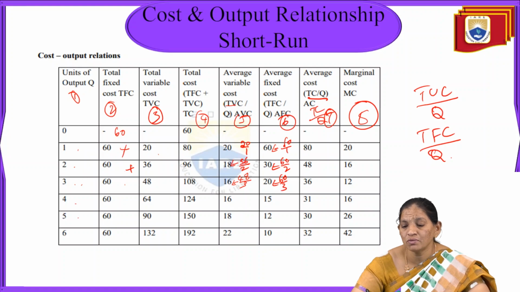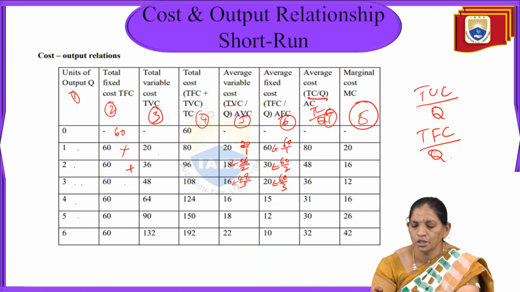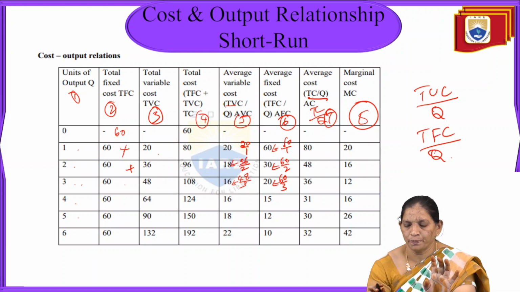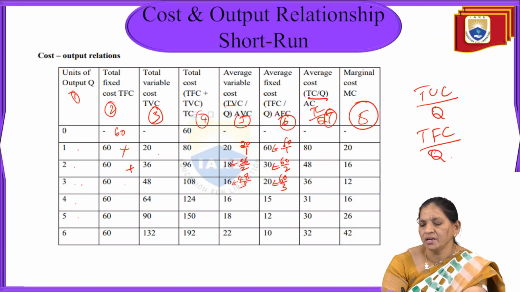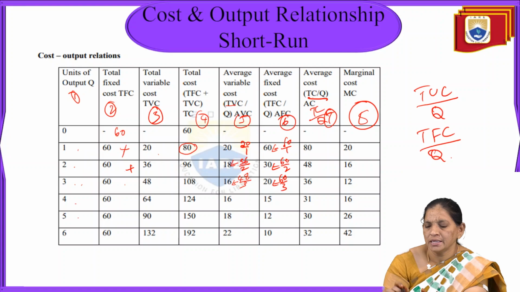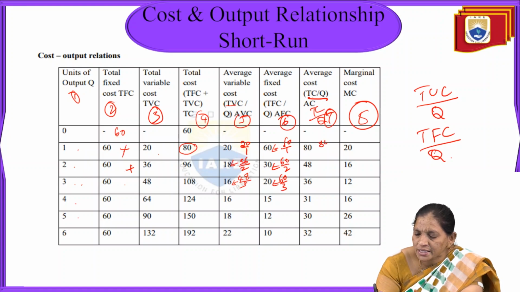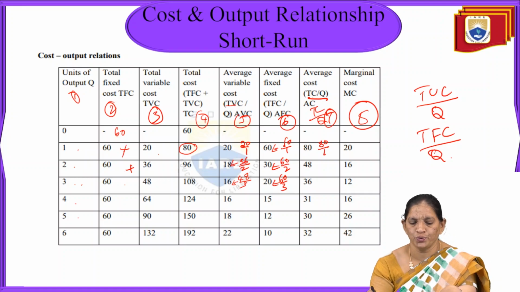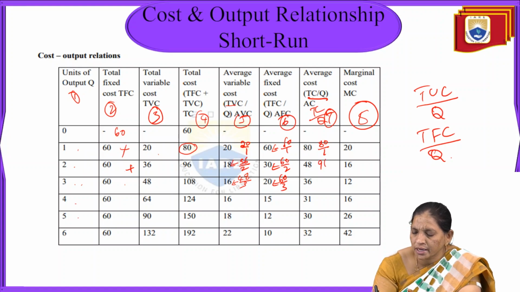Then we want average cost. Average cost means we look at total cost. For 1 unit, total fixed cost plus total variable cost, you have 80 as the total cost. When these 80 are divided by 1 unit, you get 80. Next, total cost, fixed plus variable, for the second unit is 96.